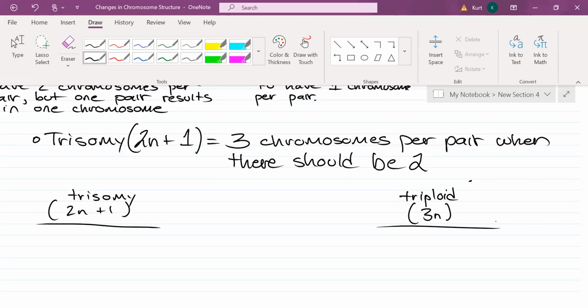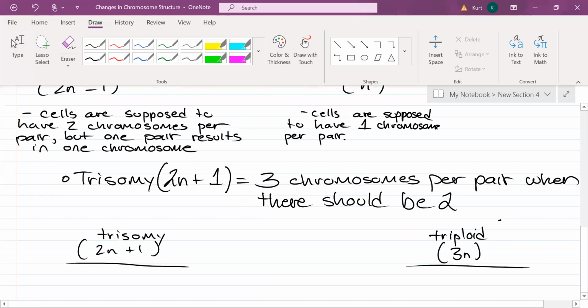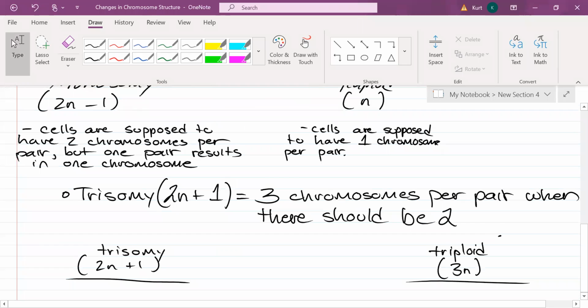Jasmine? I didn't hear the first thing you said. Well, look at what we put for monosomy. Cells are supposed to have 2 chromosomes per pair, but 1 pair results in 1 chromosome. How could you correlate that to trisomy?